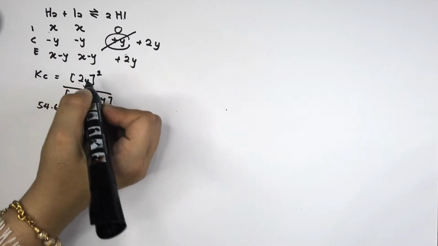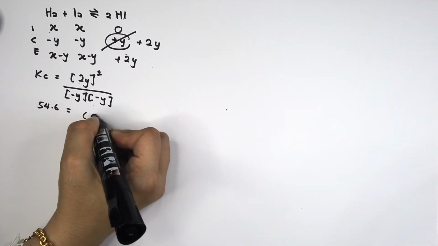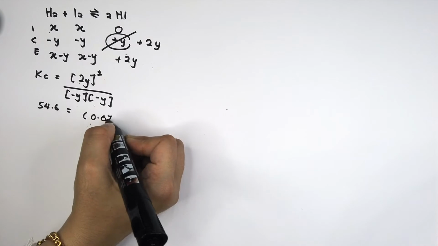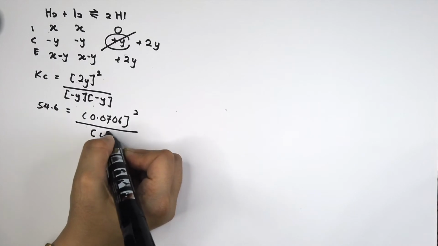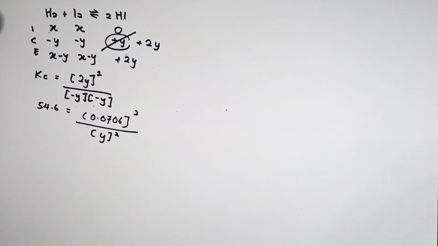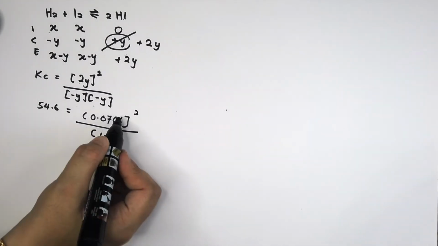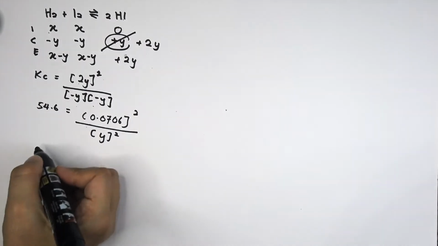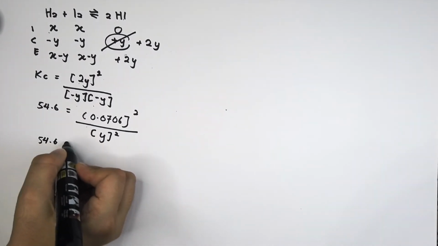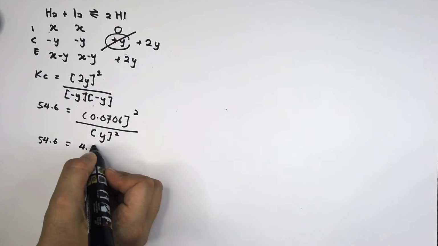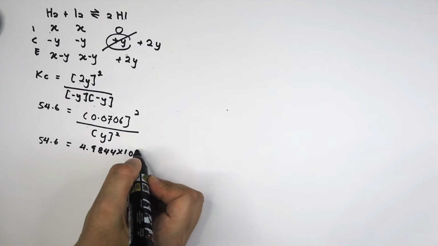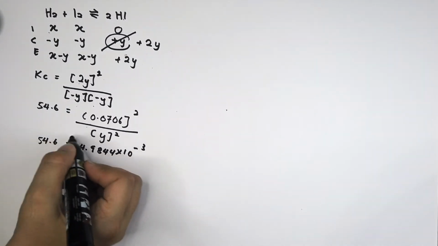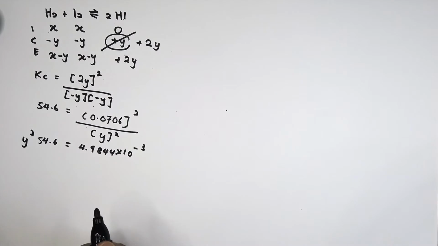So the value of 2Y is equivalent to 0.0706, to the power of 2, equivalent to Y square as well, because negative becomes positive. You need to find the value of this, so you get 54.6 is equivalent to 4.9844 times 10 to the power of negative 3, so you can bring this Y square over here.